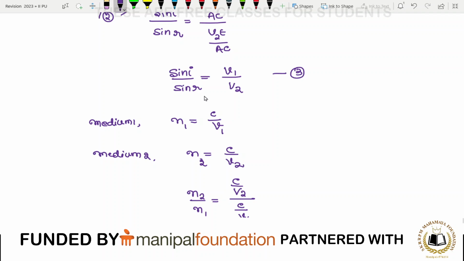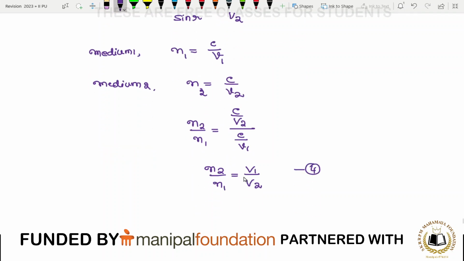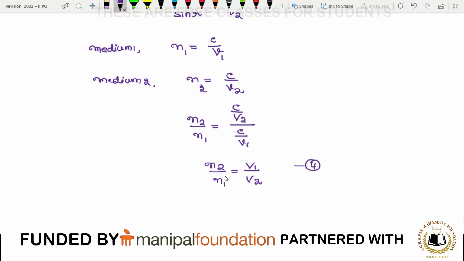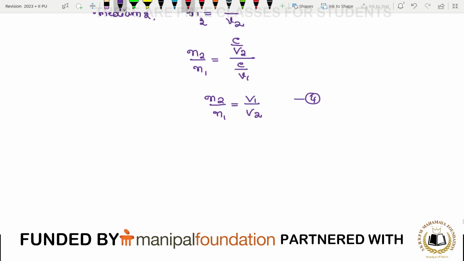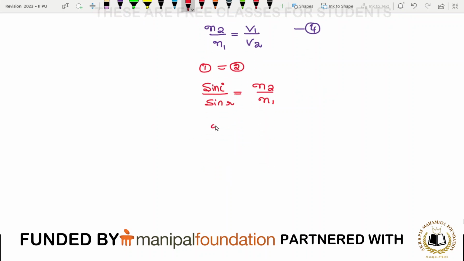So sin I by sin R equal to V1 by V2, and V1 by V2 is N2 by N1. If I combine both, equation 3 is equal to 4. So what we can write here? Sin I by sin R is equal to N2 by N1. So just rearrange it. N1 sin I is equal to N2 sin R.